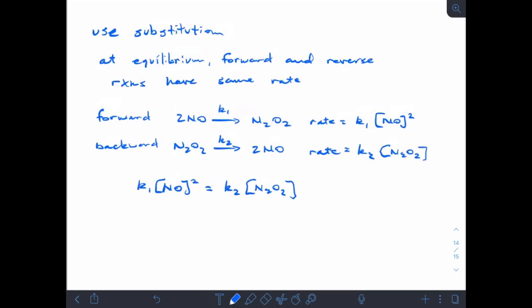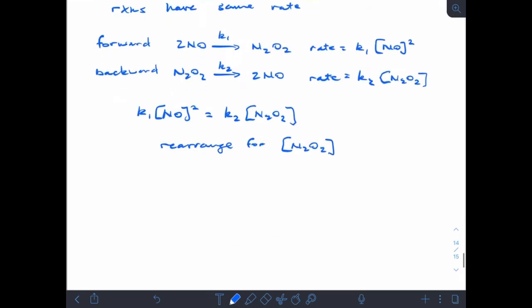Now let's rearrange this to find N2O2, that's our intermediate that we want to get rid of from our overall rate law. Rearranging to get N2O2 by itself, I'm left with N2O2 equals K1 NO squared over K2.